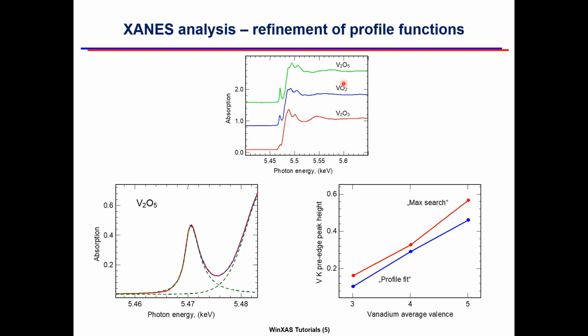Pre-edge peak height can, for instance, be determined either from a profile refinement or a simple maximum search algorithm. While both procedures yield an increasing peak height with average valence, the profile fitting appears to result in a more suitable calibration curve.